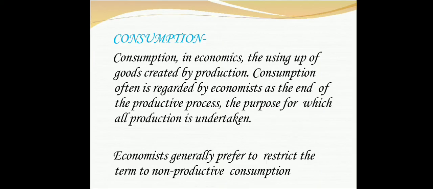Next is consumption. What do we mean by consumption? When a producer produces a thing, he provides it in the market for use, and another person purchases it for his own satisfaction. We have studied previously who a consumer is. A consumer is purchasing goods or taking services for his own consumption. So what does consumption mean in economics?